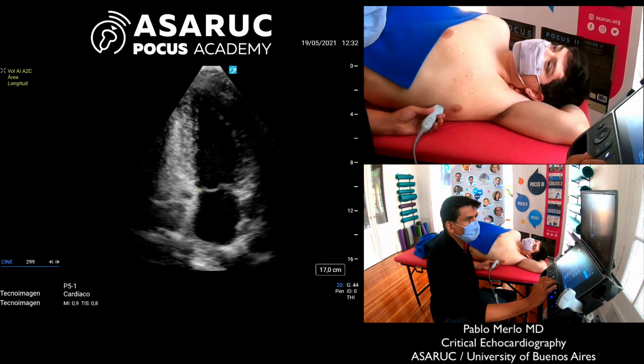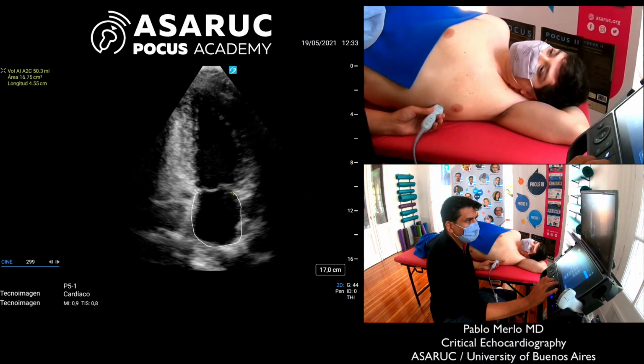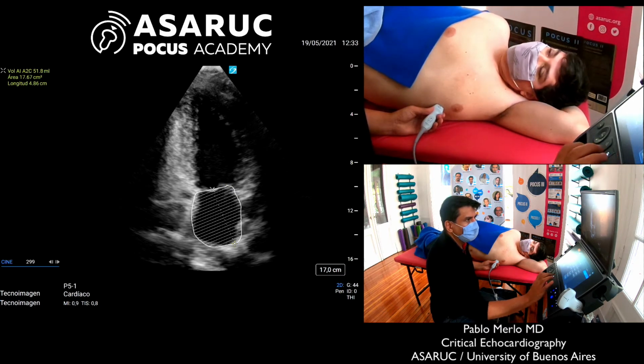In order to obtain the volume, let's go to a 2-chamber apical view by rotating the probe counterclockwise. Let's trace the left atrium to see its volume in this 2-chamber view.